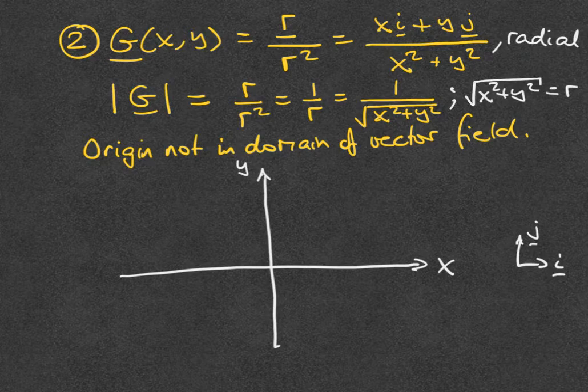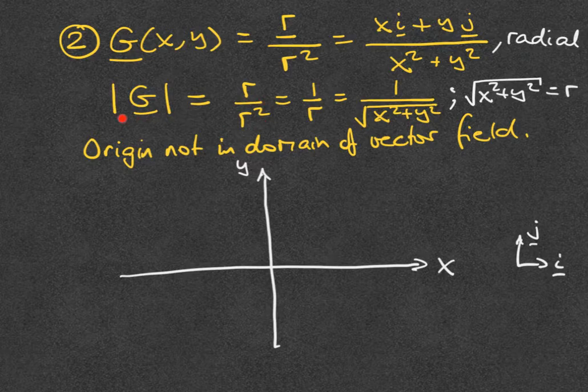On the bottom, we have r squared, or x squared plus y squared, and if you have a scalar multiplying a vector, it just multiplies the magnitude. So this factor of r squared just sits there for the magnitude. In principle, you can square it, get r to the fourth, take the square root, get back to r squared, but it just sits there.